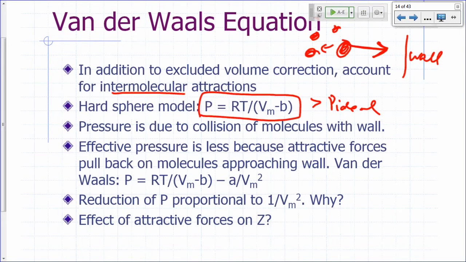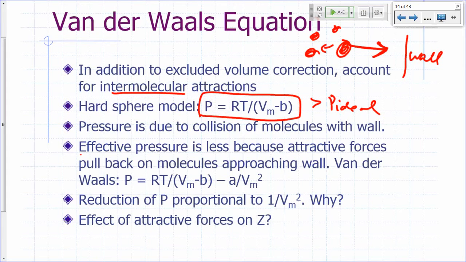Under ideal conditions, a molecule would be approaching your wall at constant speed. But because of attractions from the other molecules in your sample, it's going to slow down a little bit as it approaches the wall. As it moves away from the other molecules, it's going to be pulled back by the other molecules, which are attracting it. So that would lead to lower pressure on the wall.